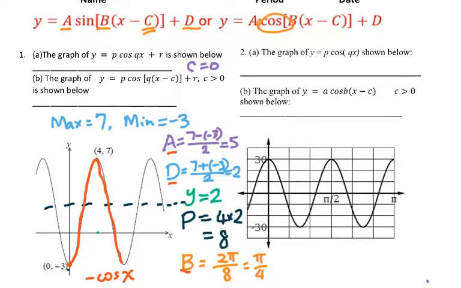But remember, that's a negative cosine pattern, according to the graph we draw. So y equals negative, A is 5, cosine, B is pi over 4 x. Then plus d, that's plus 2.